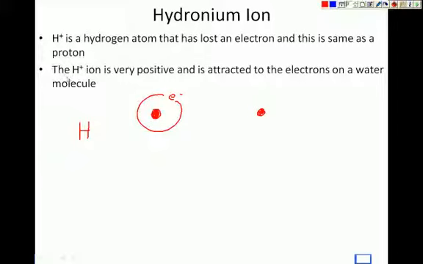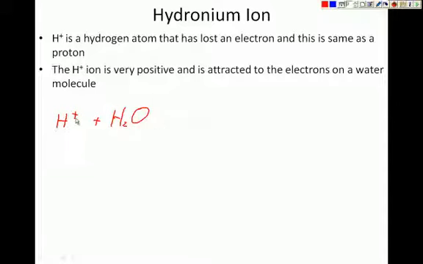Now, the H plus ion is very, very positive, and it's attracted to electrons on a water molecule. So let's take a look at how that relates. We'll have something like a proton or a hydrogen ion, and it's usually in solution, in with water.